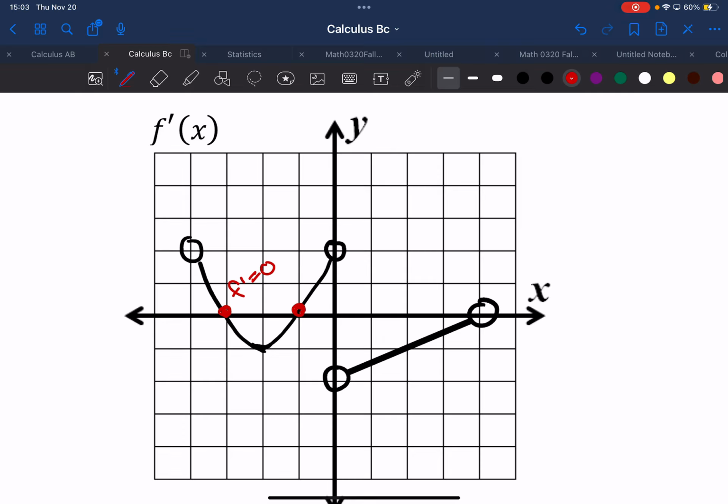So this part is negative, this is positive, this is positive. Right? Because it's below the x-axis, above the x-axis. Okay? So that first one is going from positive to negative. So that's going to be a maximum. And then going from negative to positive, that's going to be a minimum.